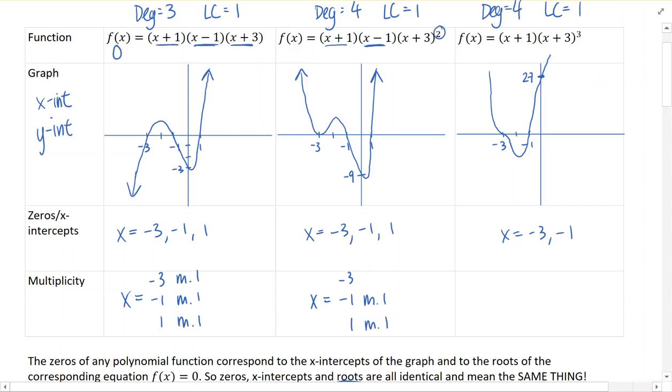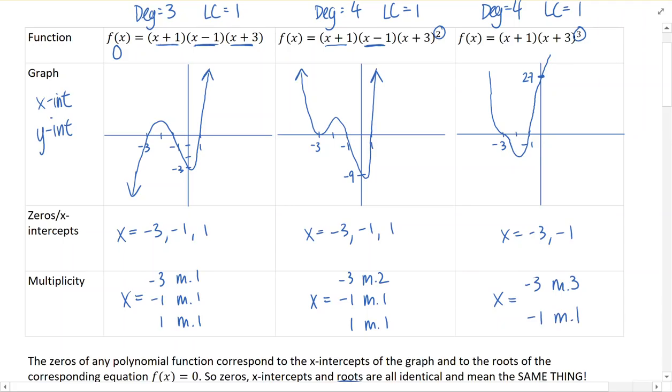But this one actually is squared, so there are 2 brackets of x plus 3. So the root x equals -3 is actually 2 of them. Now looking at the third example, we have -3 and -1. The -3, since there's a cube, has multiplicity of 3, and -1 has multiplicity of 1.